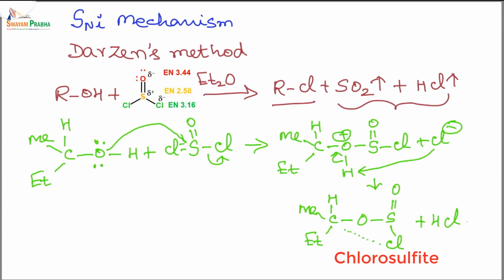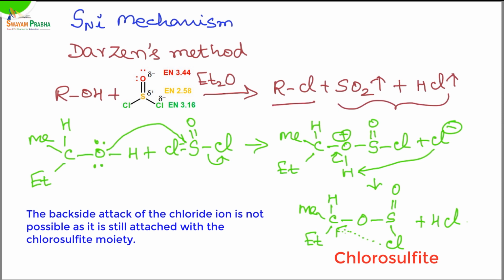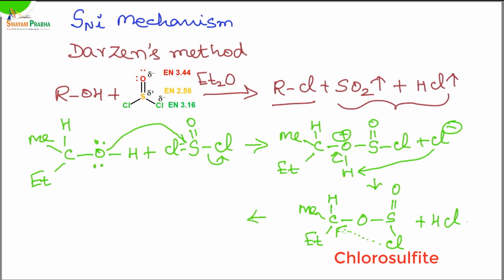The chlorosulfite is a good leaving group, and what we form here is an intimate ion pair where the chlorosulfite and the carbocation both exist together. This chlorosulfite chlorine cannot internally attack the carbon before formation of the carbocation, because the carbocation is formed from this carbon, as this carbon oxygen bond cleaves to produce a carbocation and a negative charge on oxygen, because this oxygen takes away both the electrons, being more electronegative than the carbon.